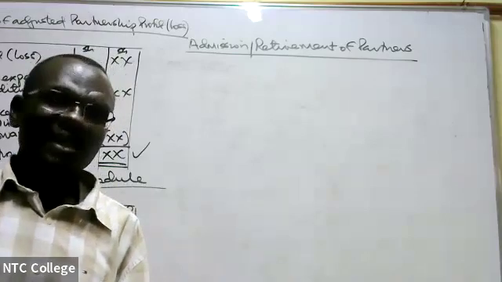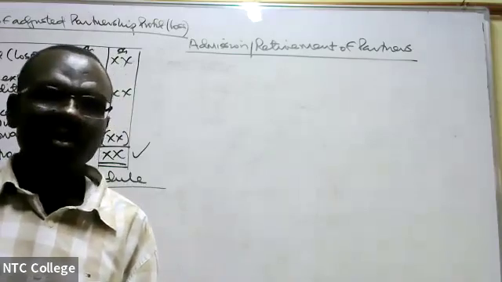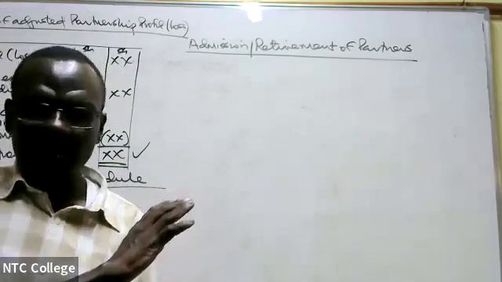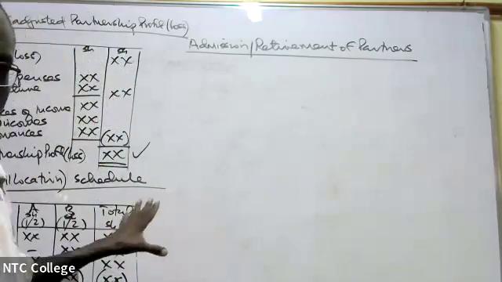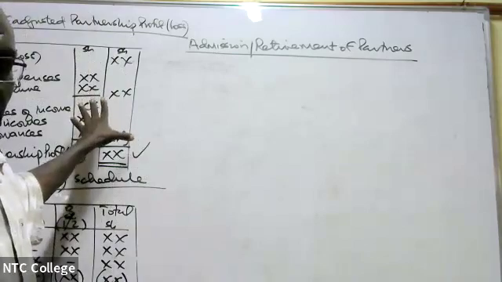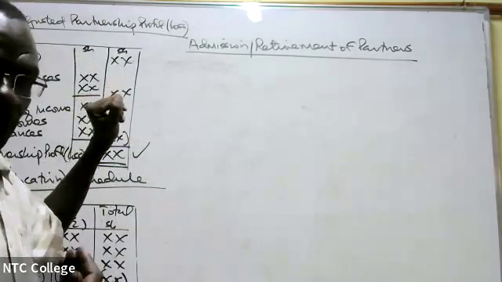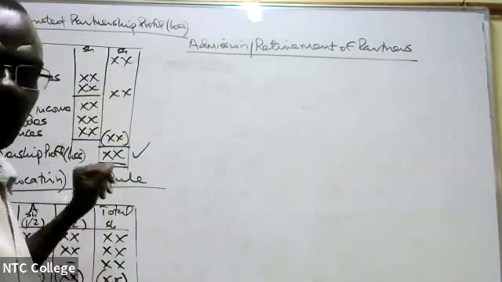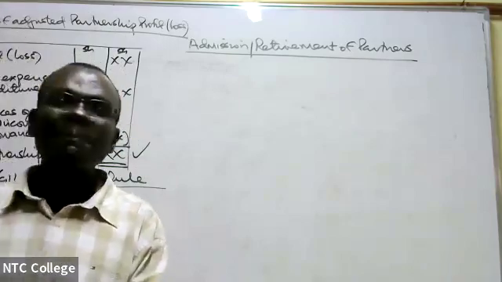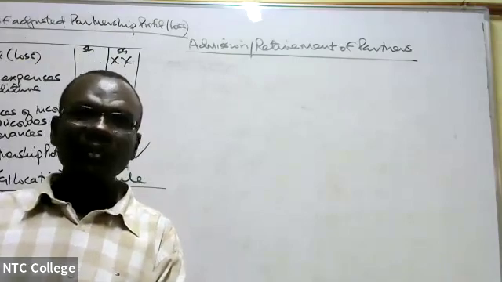When a partner is admitted or retired, it requires adjustments in either of these two statements: the profit and loss account, to be specific, not the trading account, and the distribution schedule, depending on the information given.